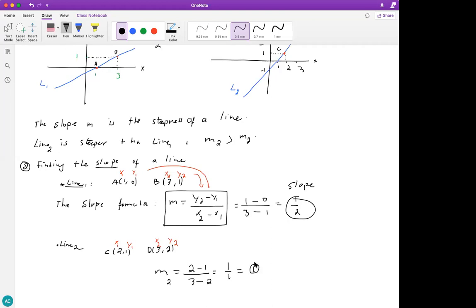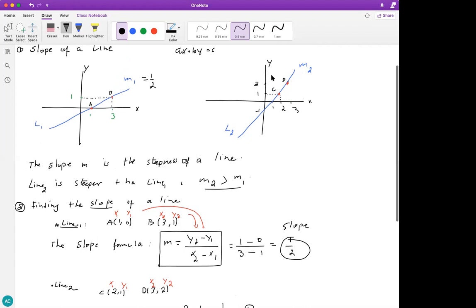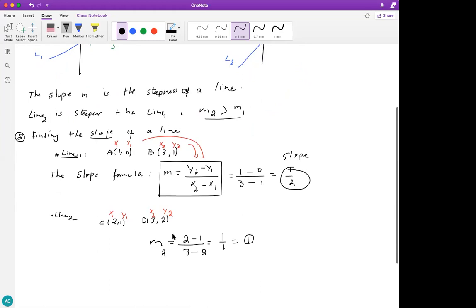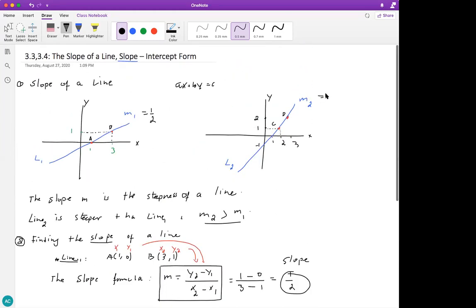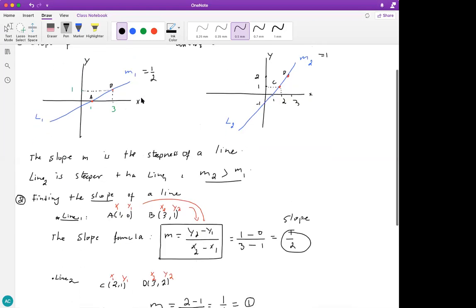So now that confirms the theory we talked about earlier, which is M2 is higher than M1. So this is steeper, as it looks here, than this one. So this one is expected to have a higher slope than this one. And indeed, as you can see, M2 is 1 and M1 is 1/2.